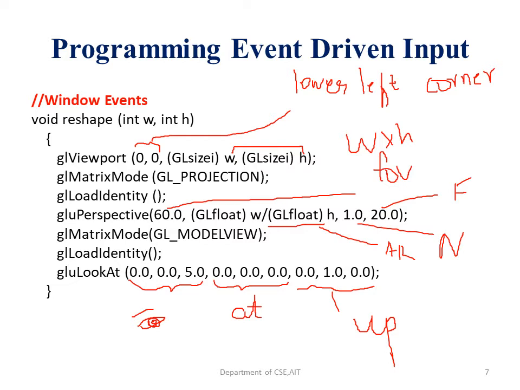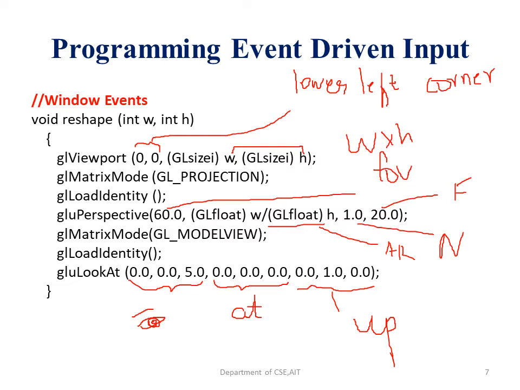So we are going to take the help of the identity matrix and then multiply the values present in the gluPerspective. The gluPerspective has 4 parameters. The first one is the field of view, that is the angle it makes.